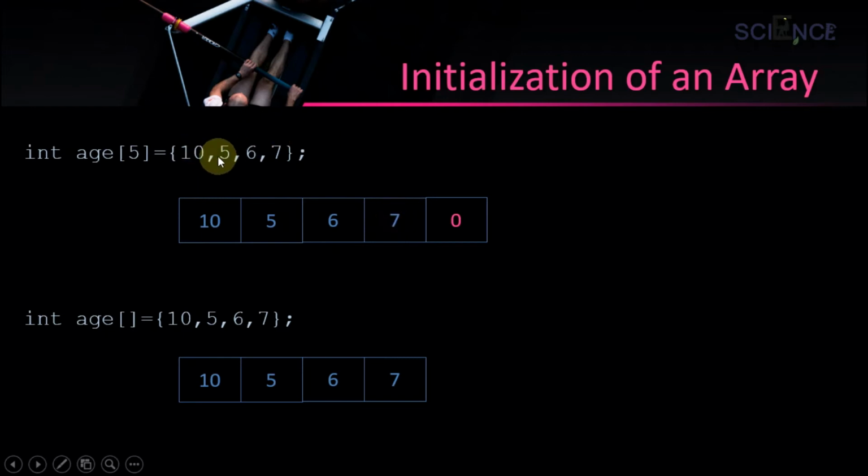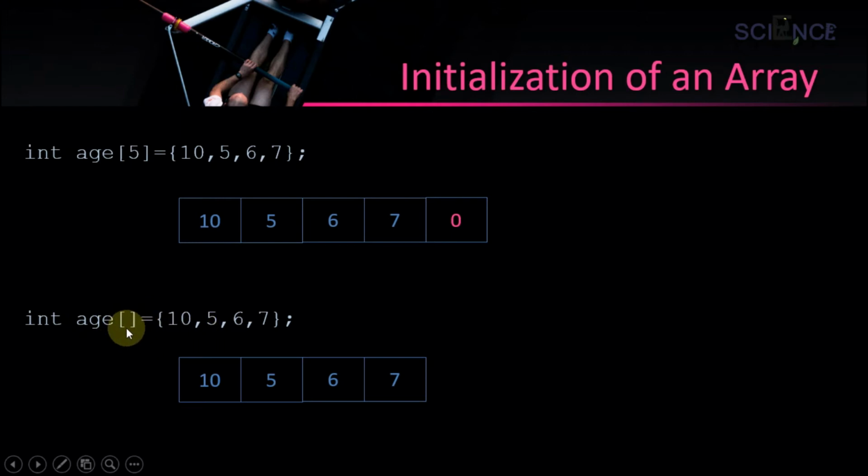But now I am assigning 4 values. There is another remaining space there, right? So in the computer's memory, there will be 4 values assigned, and the remaining space it will automatically store as 0, right?